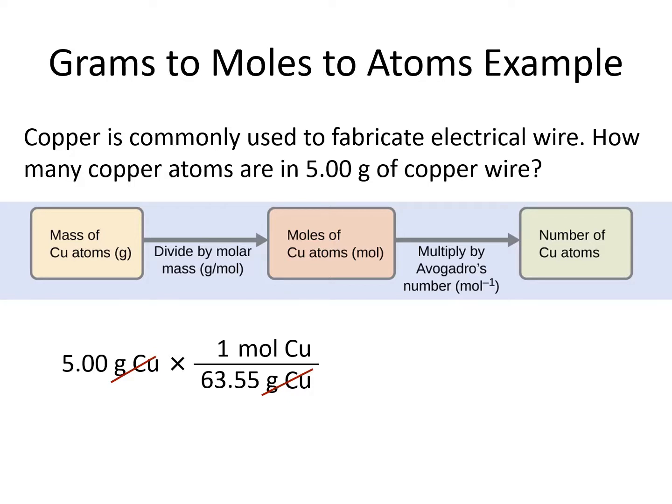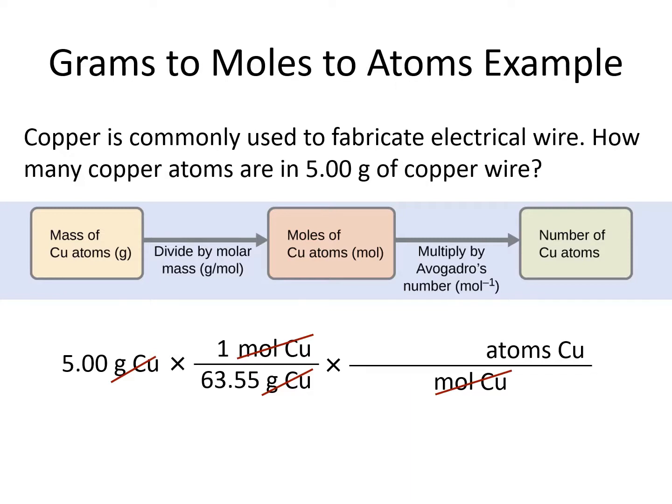Rather than plugging our numbers into our calculator now, we can add on our second conversion factor and do them all together. Our second conversion factor needs to have moles of copper on the bottom to cancel out with moles in the top of our first conversion factor, and atoms of copper on the top, since that is what we are trying to solve for.